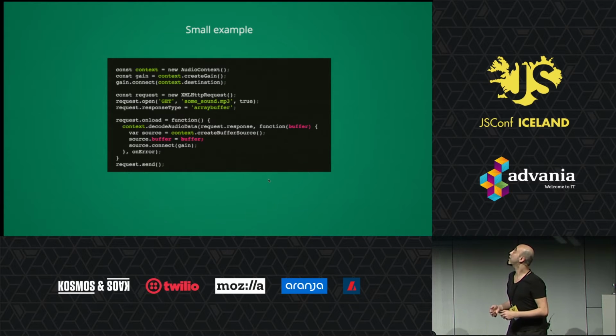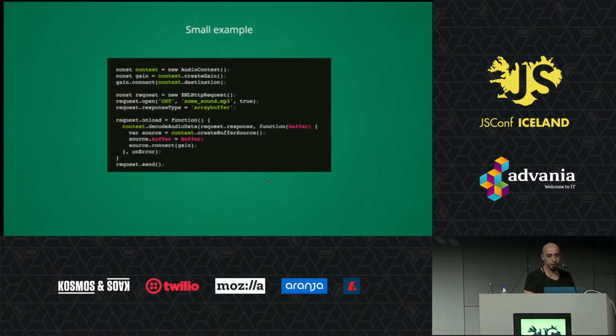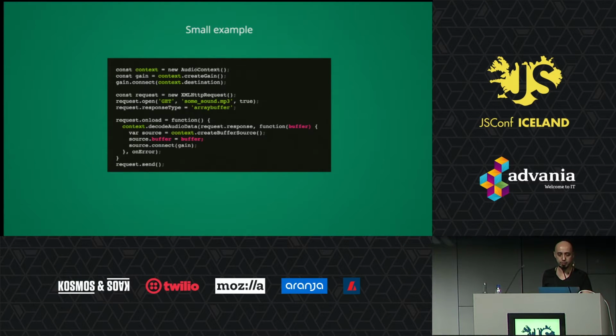Okay, here's a very small example. You start by creating a context, which you do new audio context. And as I said, everything is hosted under that context. So you can create a gain node, which will amplify the incoming signal by doing context.createGain. And you can connect it to the destination, which is the speaker output, or whatever you like again.